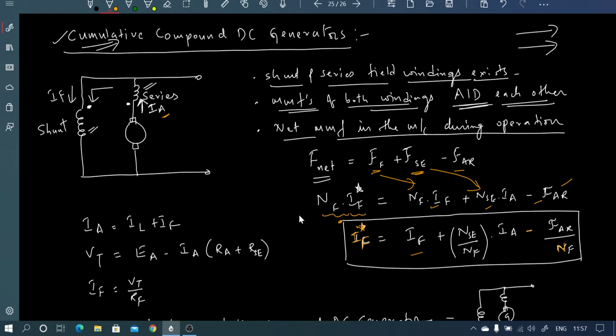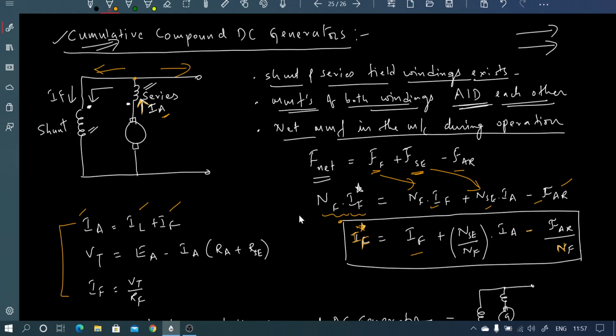So the equations governing this circuit are: IA equals the load current plus the field current. This current plus this current equals the armature current.